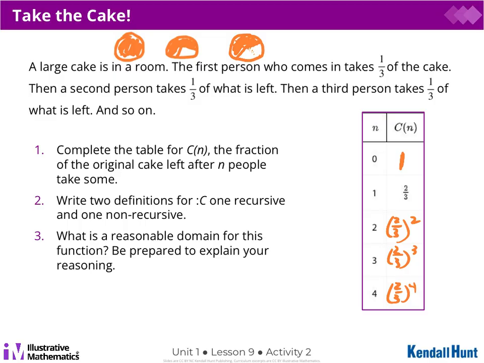We did that. And this is the cake left, not what is taken. What is taken would have been 0, 1/3, and then 1/3 squared, 1/3 cubed, and then 1/3 to the fourth power.